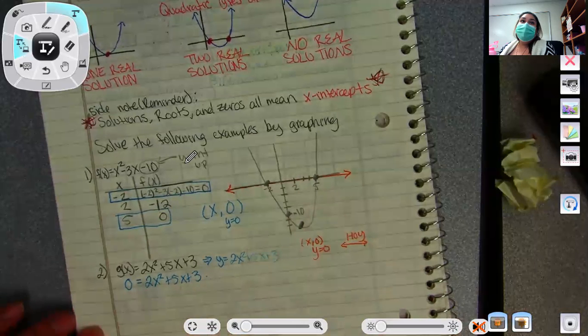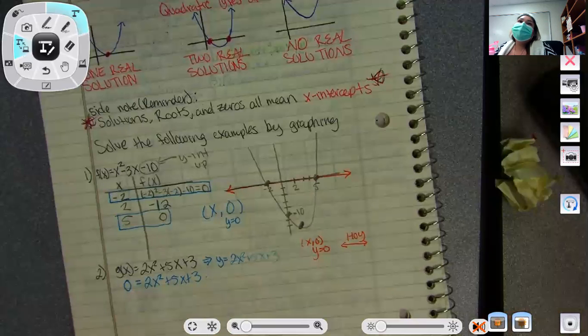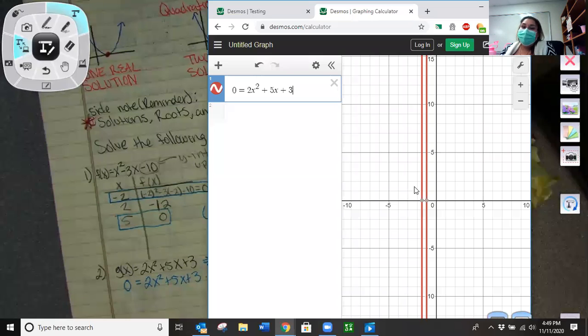So from here, 2x squared plus 5x plus 3, okay? Okay, so for this one, I'm using the actual Desmos website, and here's why.